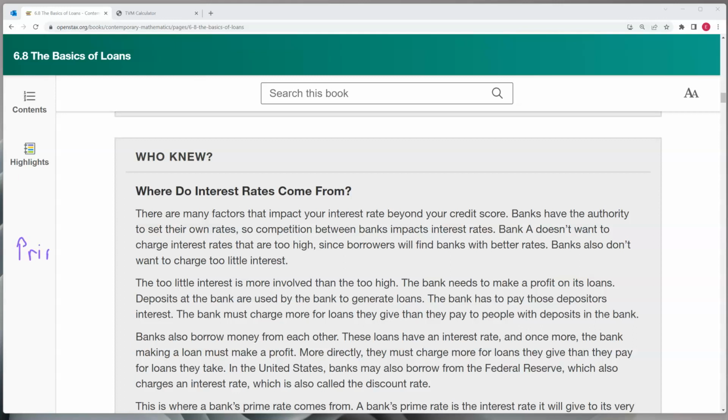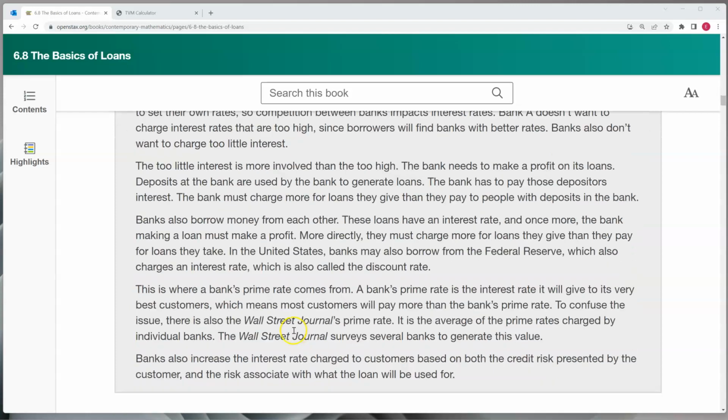There are some financial institutions that will give borrowers the prime rate if they have a credit score that's high enough. Usually you have to have perfect credit, an 850, so you can get the prime rate.